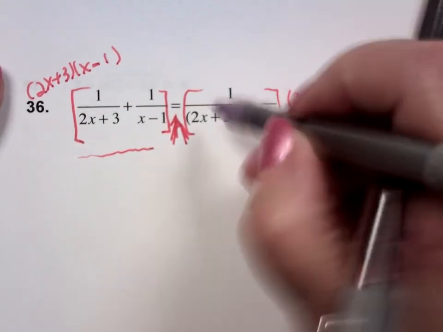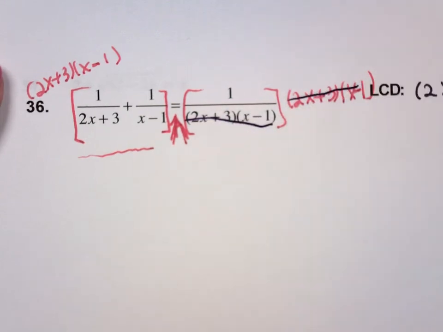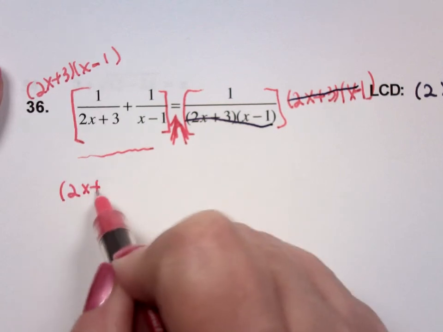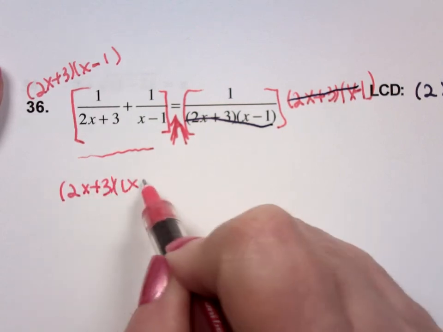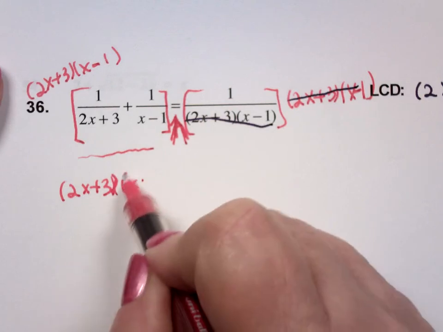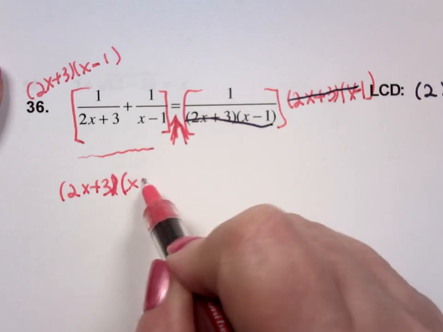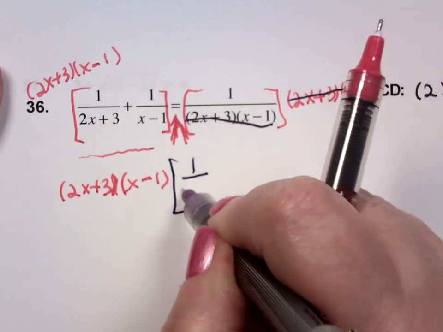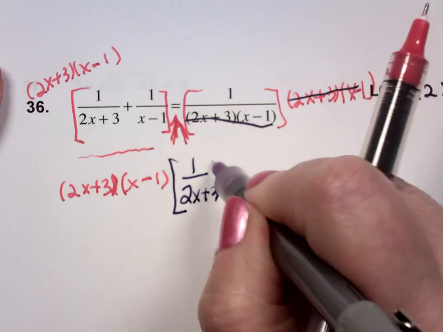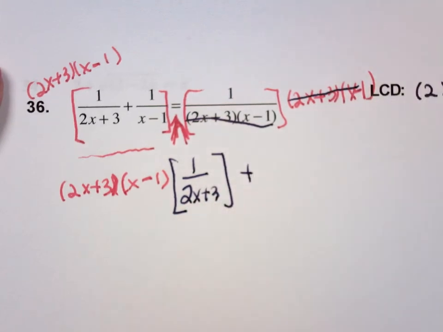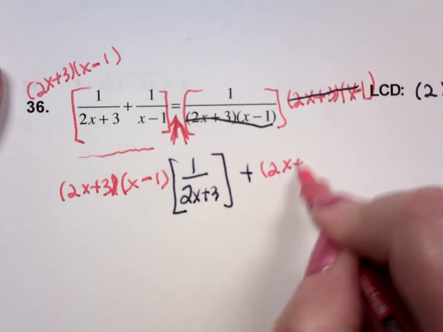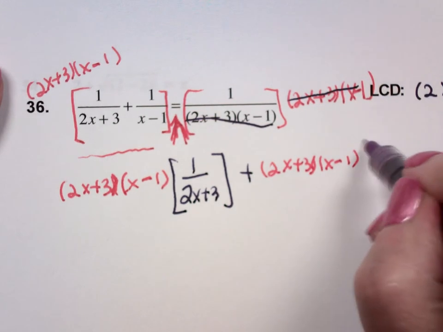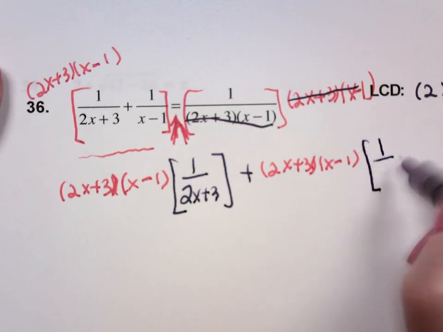The good news is it takes this whole denominator away, so it's just going to be a 1. This is going to be 2x plus 3 times x minus 1, and that's going to be multiplied times the first term, because I'm using the distributive property. 2x plus 3 times x minus 1, and that's going to be multiplied times the second term.